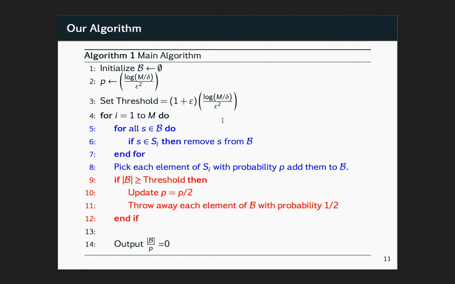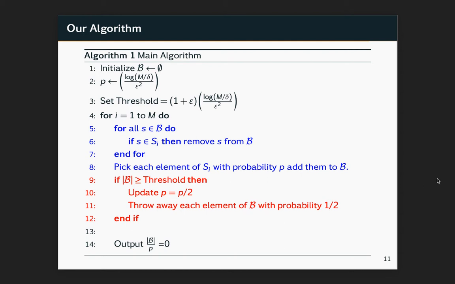When the set Si arrives, the first thing we do is that for every element in B, if it is in Si, we remove it from B, and then every element of the set Si is picked with probability P and added to B. This helps us satisfy criterion 1, that every element is sampled independently with probability P.